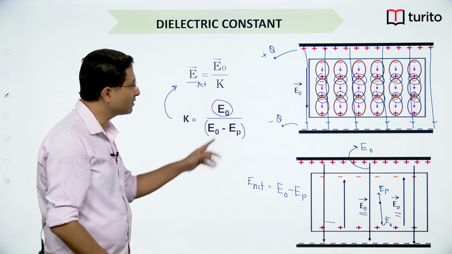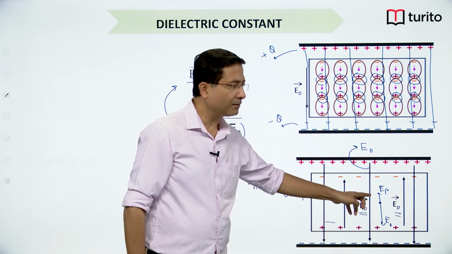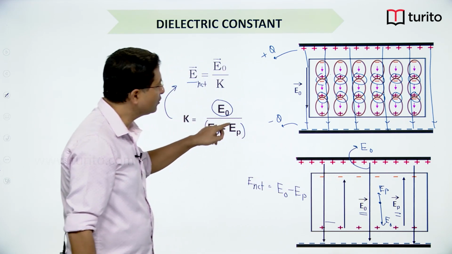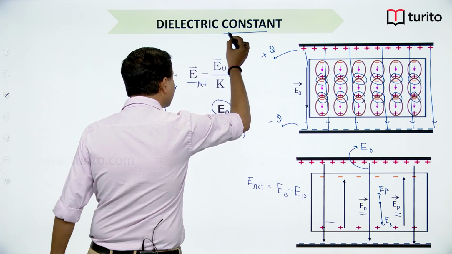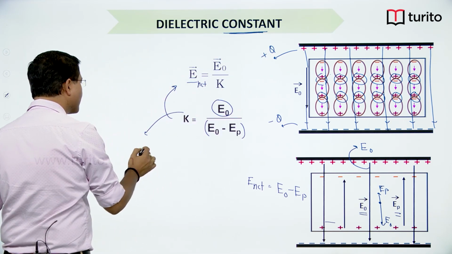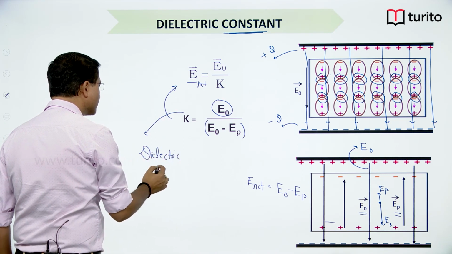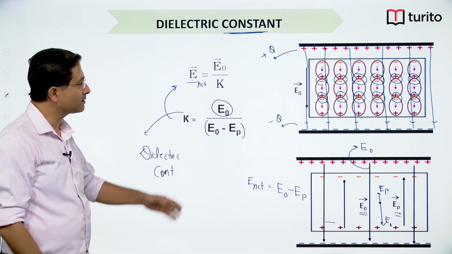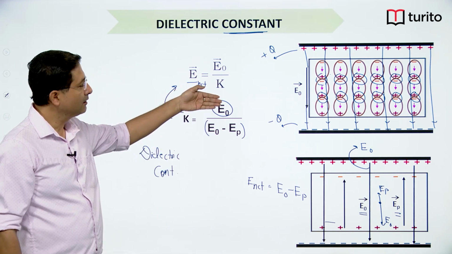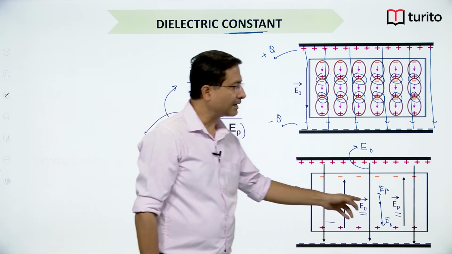So, the external field you have subjected is E naught and the net field developed inside, the ratio is defined as the dielectric constant. So, the dielectric constant is defined as the external field divided by the net field developed inside the material.